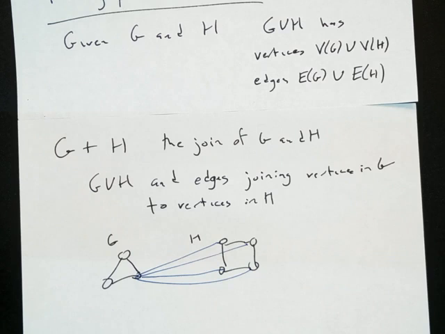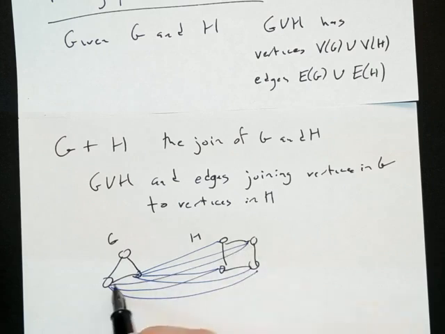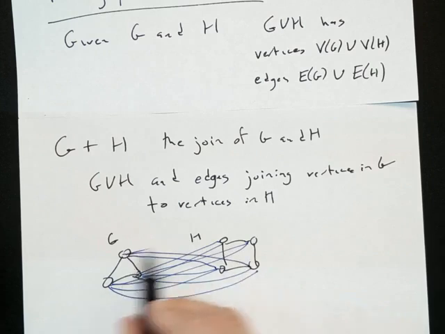I'm going to have to add 12 more total edges. So adding, joining, is a matter of physically connecting my two graphs.